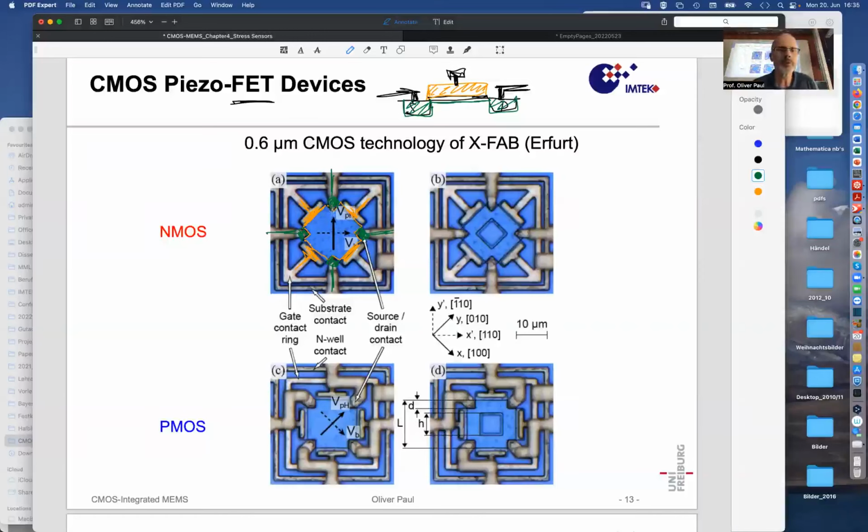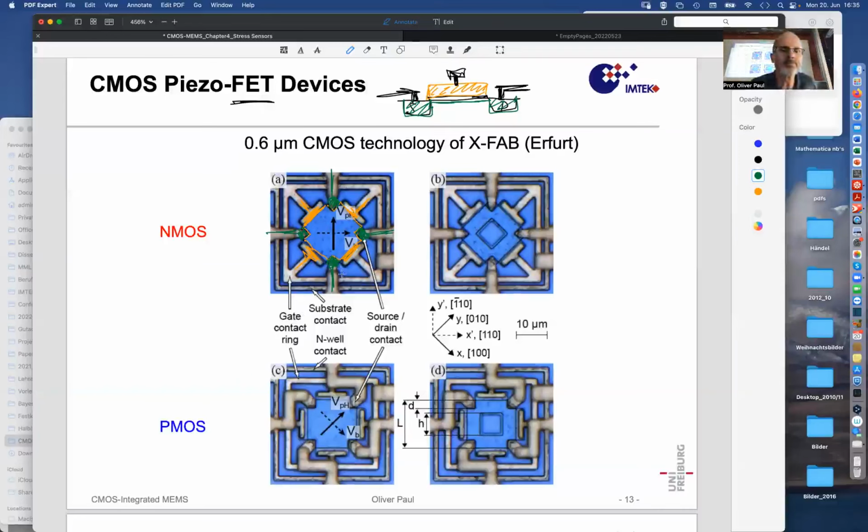And if there is no mechanical stress, then there will be an equipotential line between these perpendicular contacts. Now this looks like a Hall sensor, and sure enough, it would act as a Hall sensor if exposed to a magnetic field, but it's also a stress sensor.